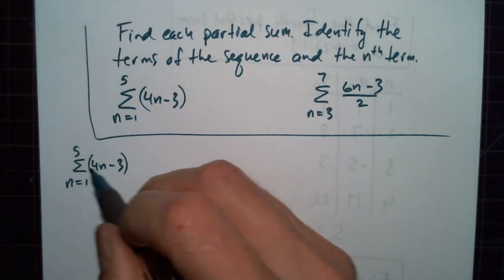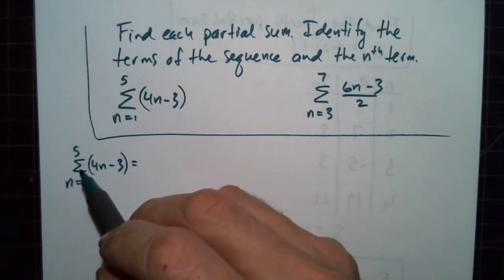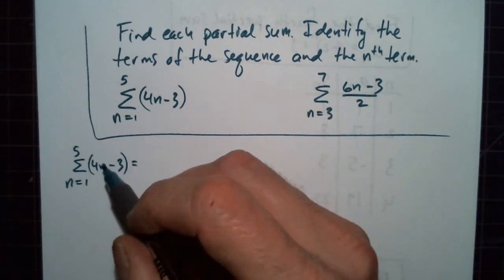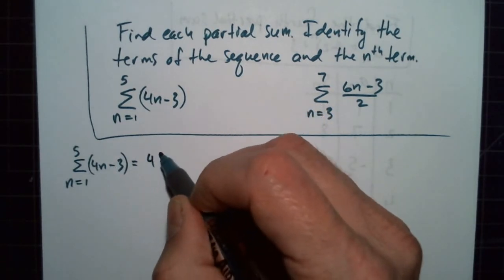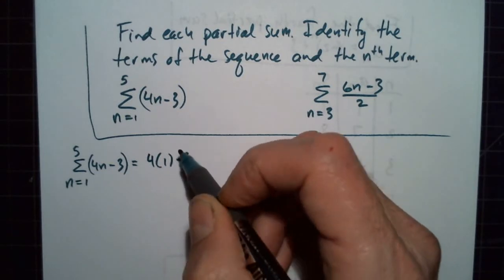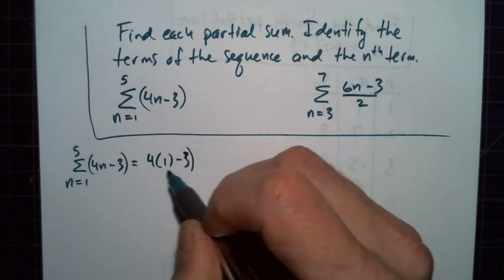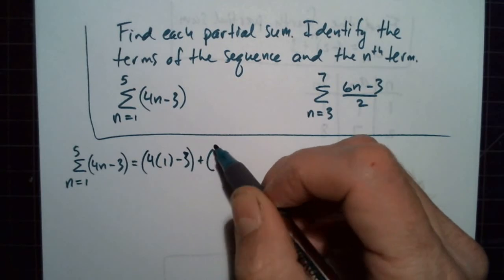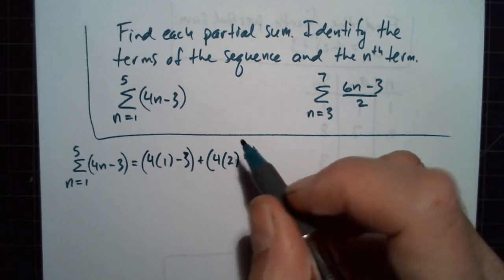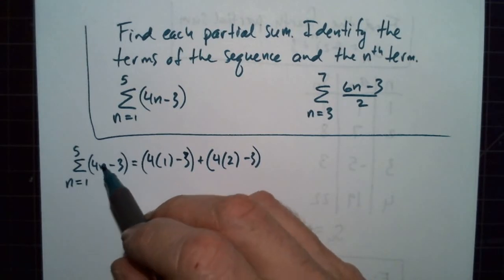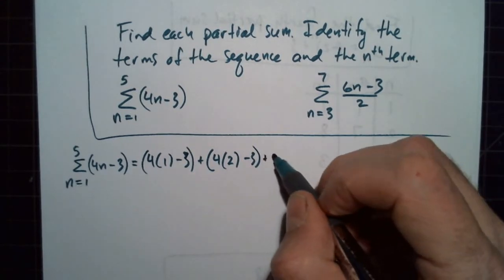This is called sigma notation, and that's the Greek letter sigma. All we do is replace the n with a 1. So copy this, 4 times 1 minus 3. Copy it again, 4 times 2 minus 3. Keep copying this, and we just replace the n with the next value.